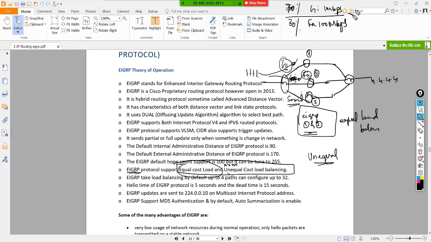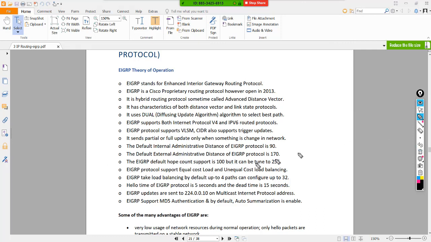This is achievable in the case of EIGRP, but in the case of OSPF I cannot do it. So that's an additional feature of EIGRP. Now regarding load balancing, as I told you, it's going to support equal load sharing or equal flow of the traffic.